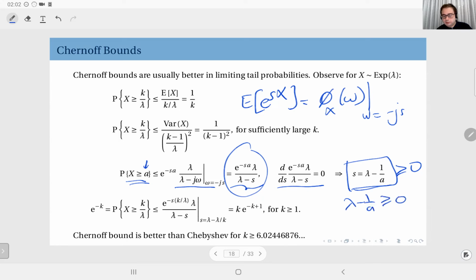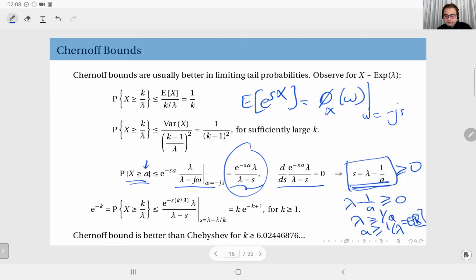So lambda is greater than or equal to 1 over a, or in other words, a is greater than or equal to 1 over lambda, which is the mean. Okay, so this Chernoff bound will be valid to the right of the mean. This is important. You have to be aware of where the Chernoff bound works and where it doesn't.